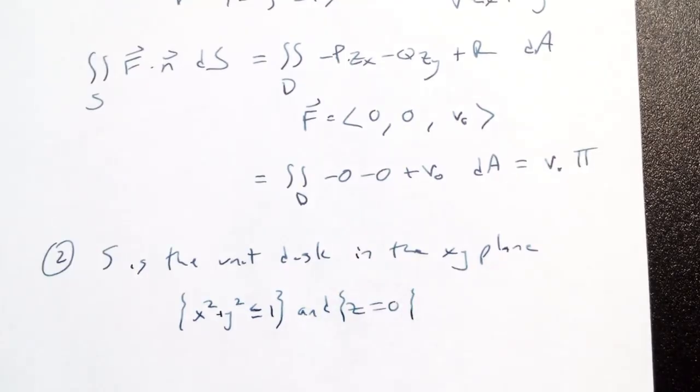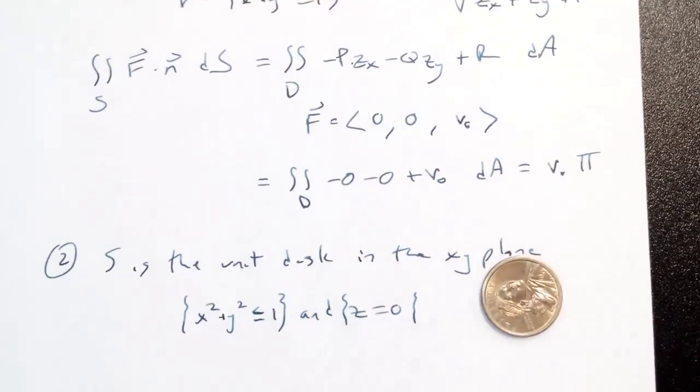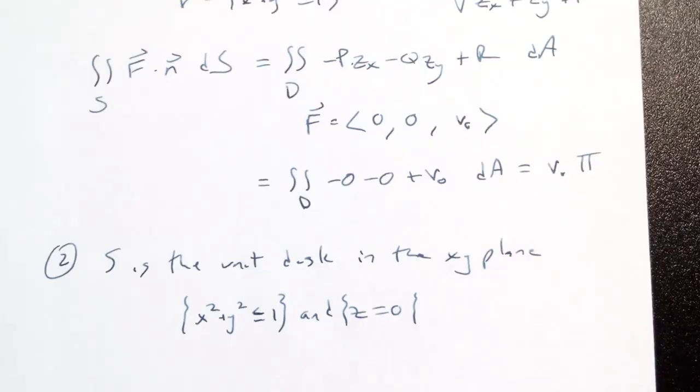Instead of doing the upper hemisphere, I'm just going to look at the disk in the plane. In other words, this time, I'm actually integrating there. My surface is just a disk. First question for you.